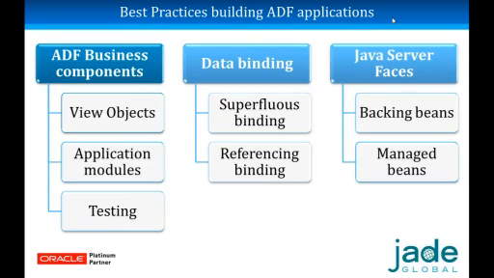You also need to get into the habit of keeping the backing bean as clean as possible by removing all the unnecessary accessors, because the moment you create a component, the next thing Oracle JDeveloper does is create your backing beans. If you are not cleaning those references or unnecessary accessors, it will be difficult to understand what exactly and why exactly we are using those backing bean accessors going forward.